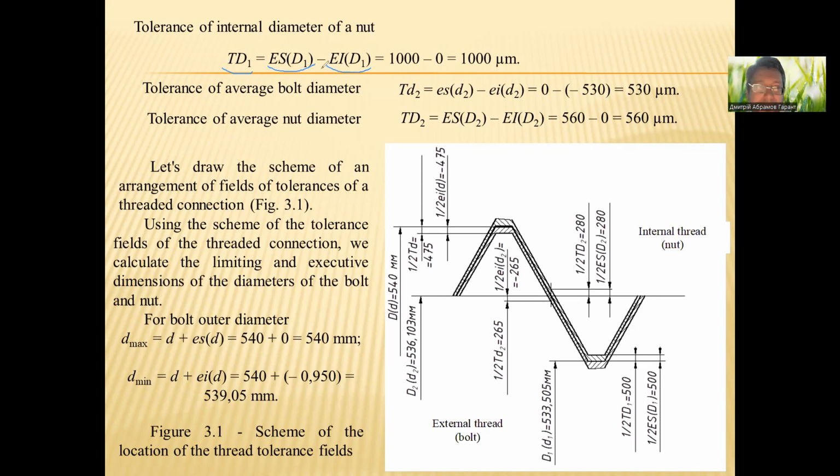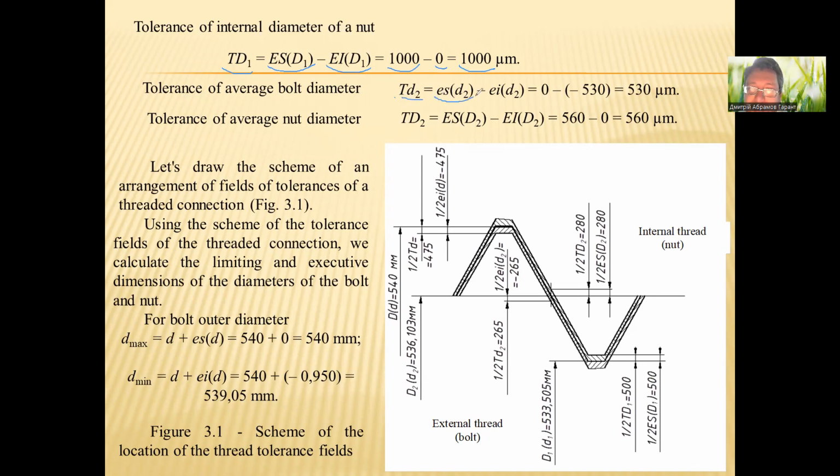So the upper limit deviation is equal to 1000. The lower limit deviation is equal to 0. 1000 minus 0, and we have 1000 micrometers, the tolerance field of the inner diameter.